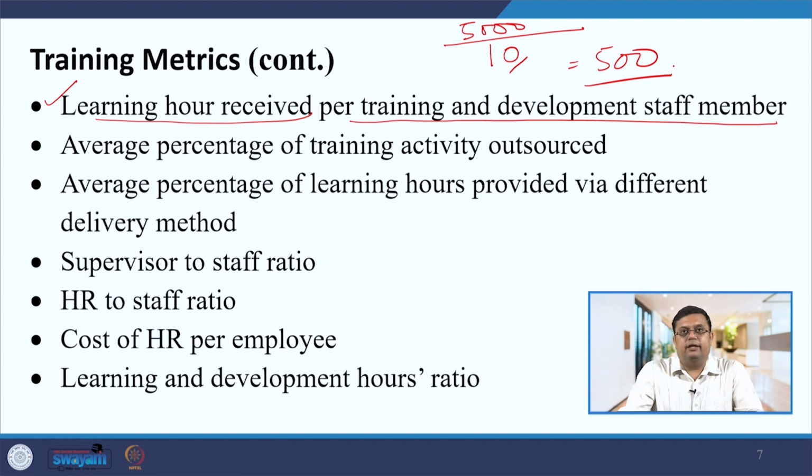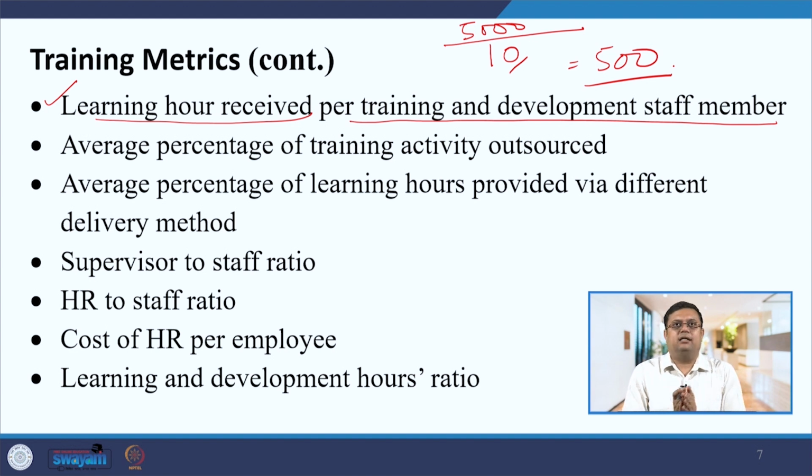So, what is the ratio? That is how you can calculate the effectiveness of your learning and development staff, for how many hours they are able to give training to your employees inside the organization. This will give an indication of how many hours they are able to train the existing staff.